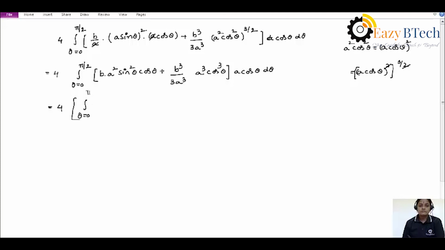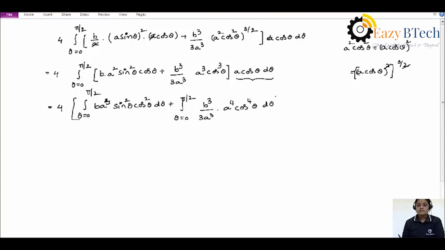And 4 into integral theta is equal to 0 to pi by 2 b a square. Do the multiplication with a cos theta d theta. Already a square is there, and a square into a is a cubed here, so b a cubed sin square theta cos square theta d theta, and integral theta is equal to 0 to pi by 2 b cubed by 3a cubed into a power 4 cos power 4 theta into d theta.